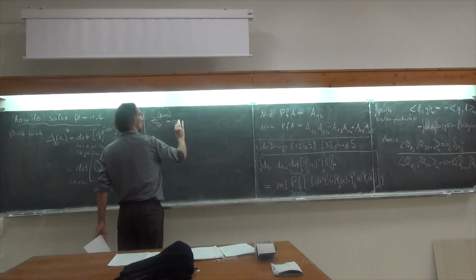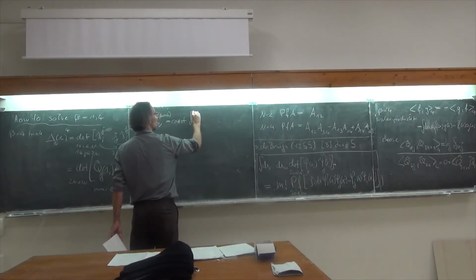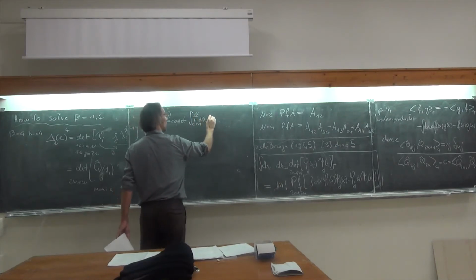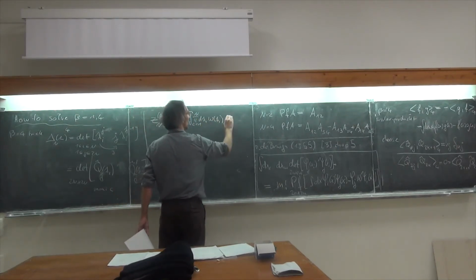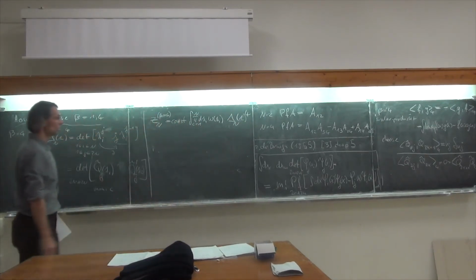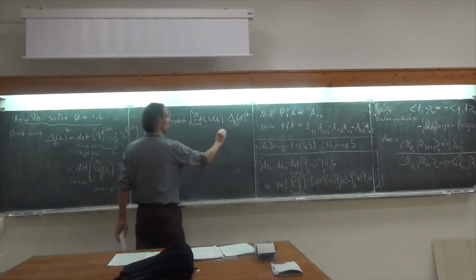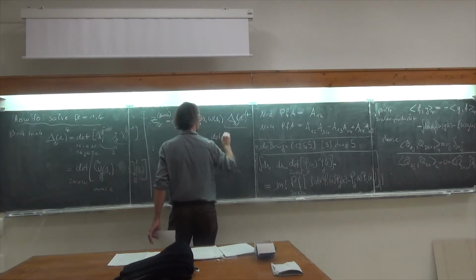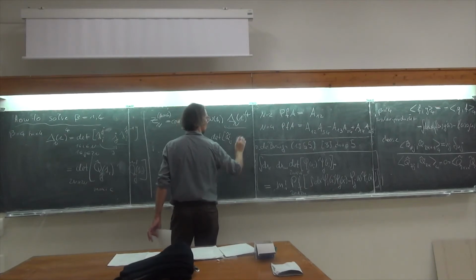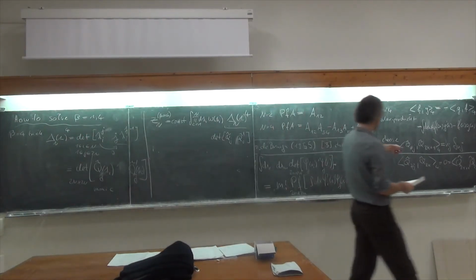That was a constant times an integral, and then we have a Vandermonde to the 4. Now this has been replaced by this, q tilde j, q tilde j prime, such that this is satisfied.